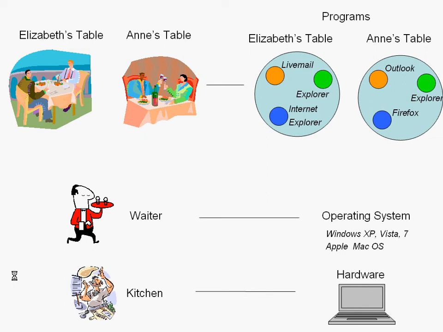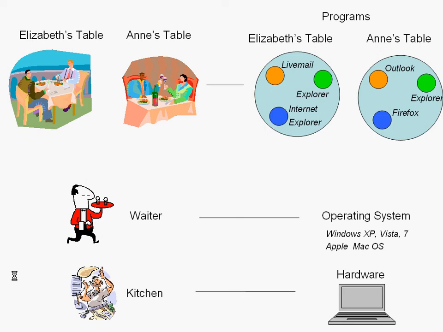And since a lot of computing stuff was invented in America, and we tend to like to eat a lot, we tend to like to have a lot of things going on at once. For example, at Elizabeth's table, and you see those circles over on the right hand side, we might be running Live Mail. That's like a plate that's running.